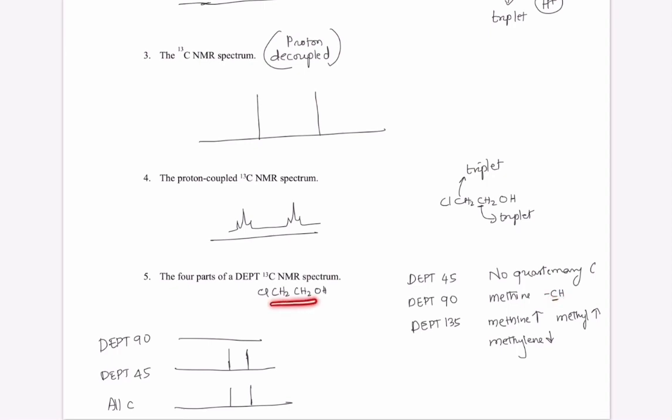We don't have any methine carbons, so that will be blank. There will not be any signals here. Let's do the DEPT-135. The 135 is going to make the methylene carbon signal shift downward. Okay, so this is what you'll be getting. So here are all the four parts of the DEPT-13 NMR spectrum.